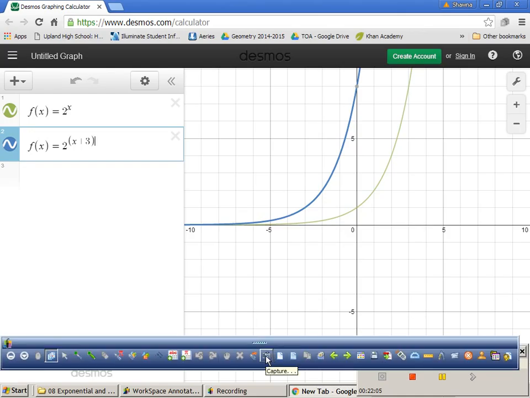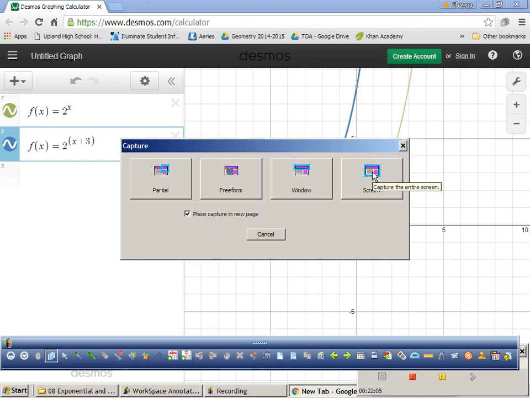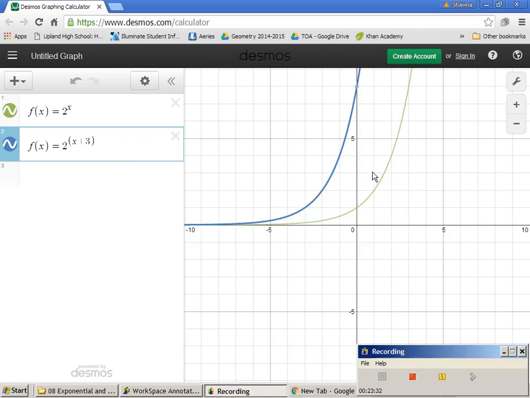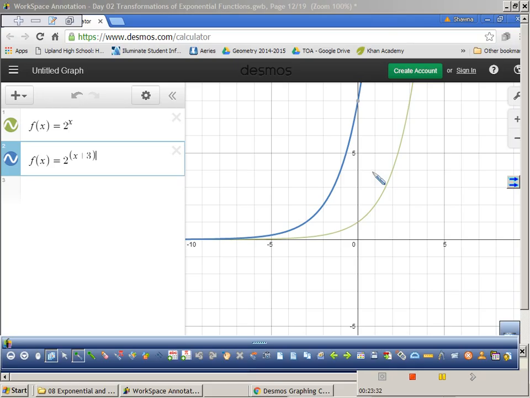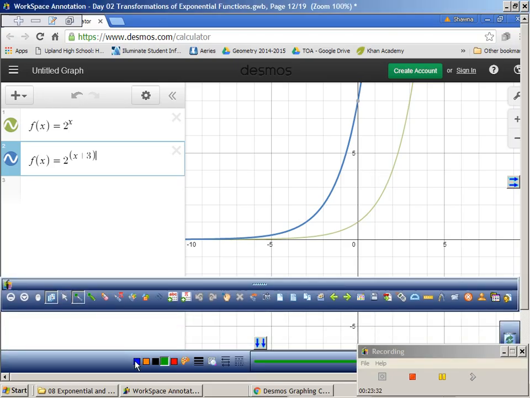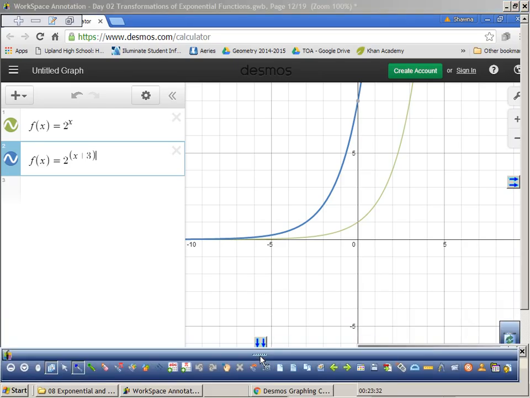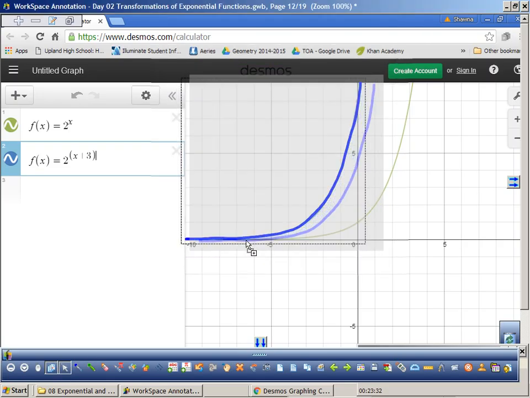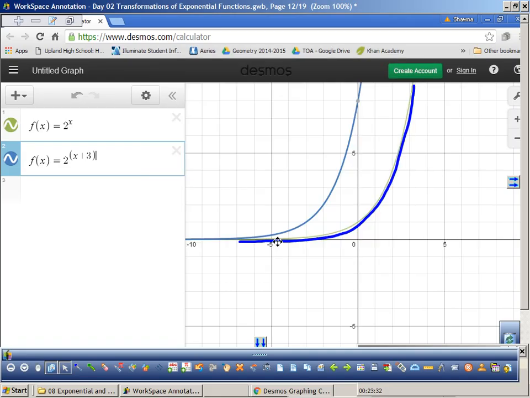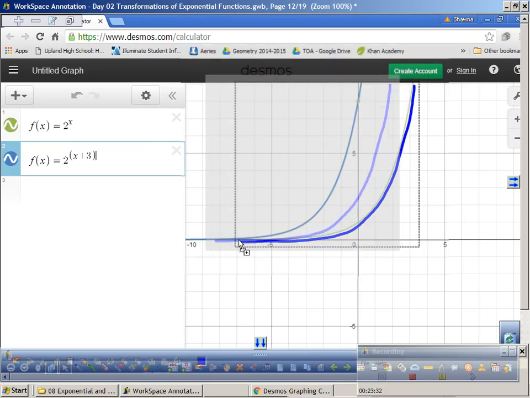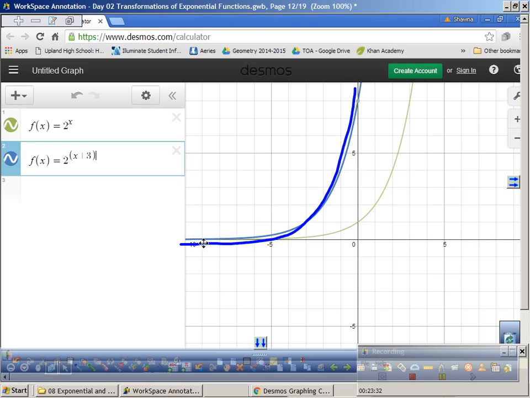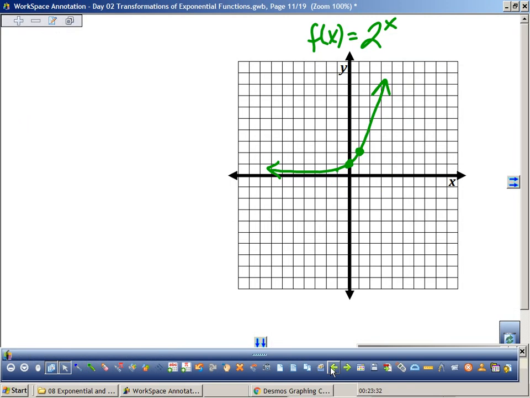I'm going to take a screenshot of this one. That's not what happened to yours. So it's shifted over by 3. Let's do it on here.